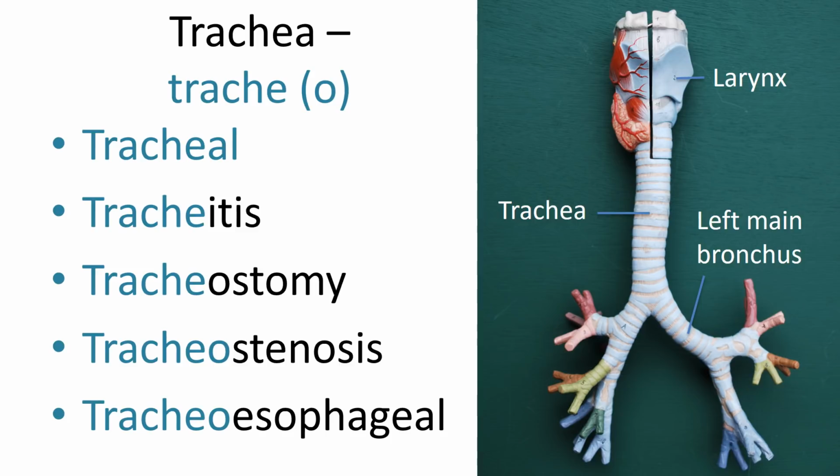Tracheoesophageal would be where there is a relationship between the trachea and the esophagus. So, for example, a child might be born with a congenital tracheoesophageal fistula, meaning that when the child feeds, the feed is able to get from the esophagus into the trachea, causing coughing and choking.